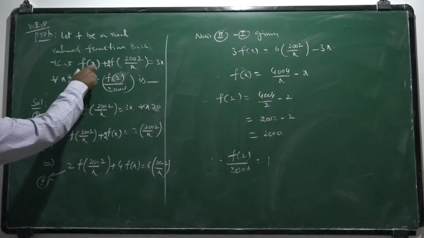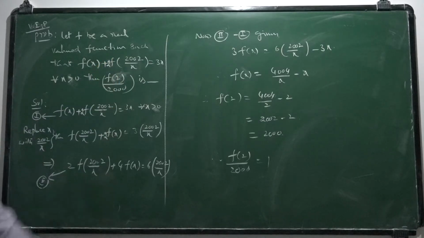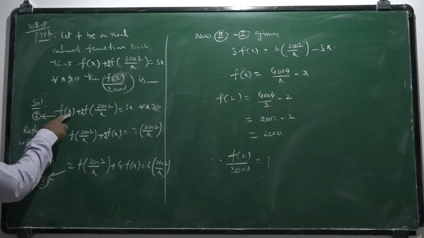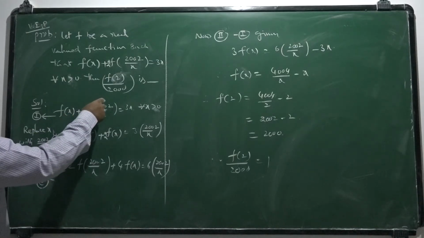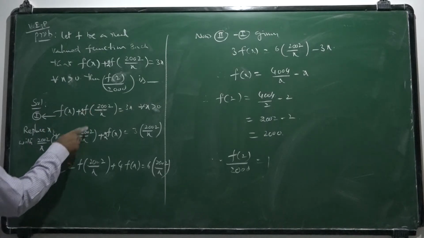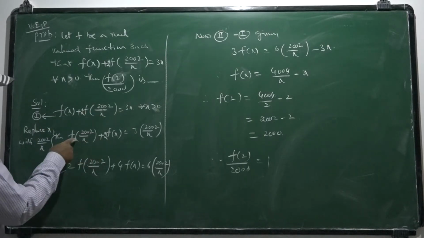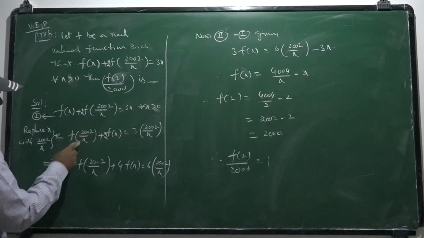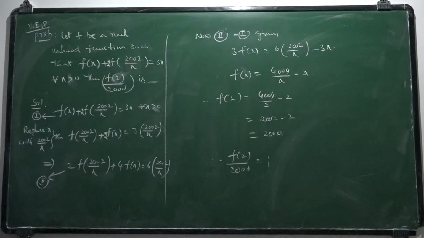So the given relation is f(x) plus 2 into f(2002/x) equals 3x. Replacing x with 2002/x, multiplying both sides with 2 and eliminating by taking subtraction, we get f(x).